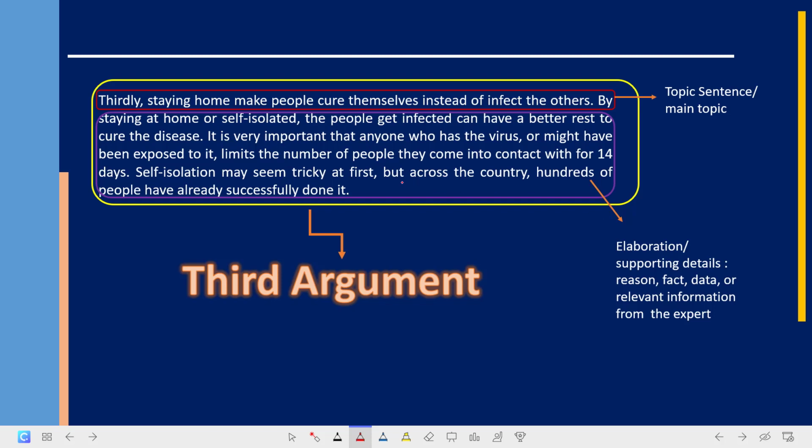And here we can see the fact: the writer talks about how self-isolation may seem tricky at first, but the fact or the data across the country is that hundreds of people have already successfully done it. So this is the data or the fact about the main topic that has been raised.